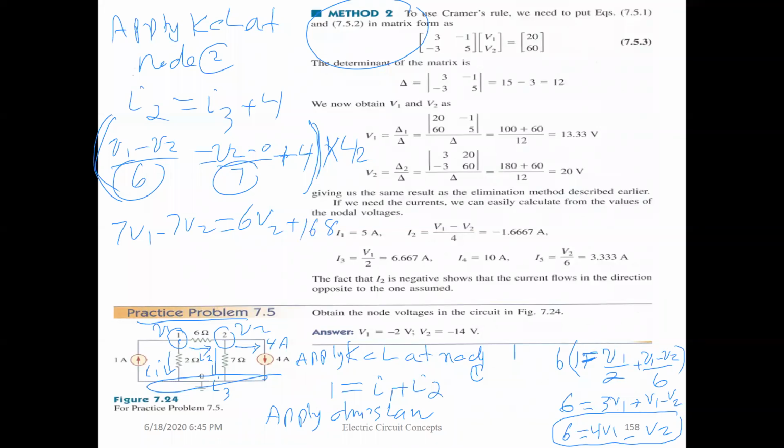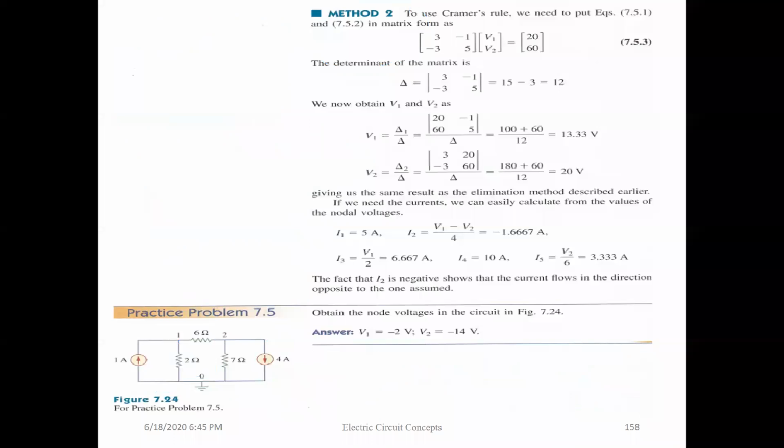And then you can collect, bring this 6v2 to the other side, will be 7v1 minus 13v2 equal to 168. Okay, now you could solve the two equations using one of those 3 techniques that we explained earlier.